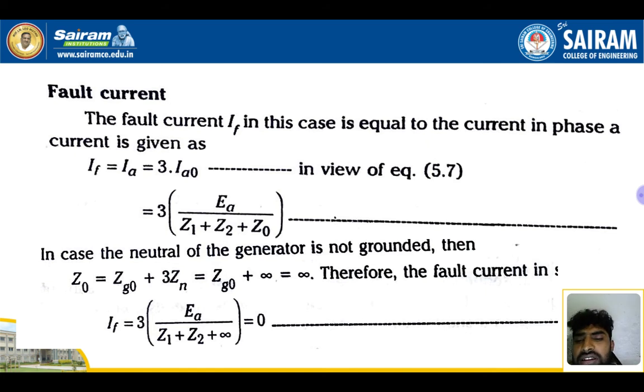Because the neutral of the generator is not grounded, the fault impedance or zero sequence impedance will be infinity, right? So that's the concept of fault current in single line to ground faults.